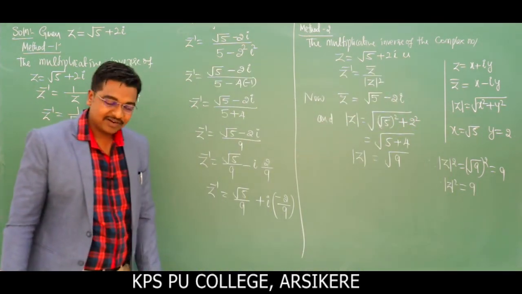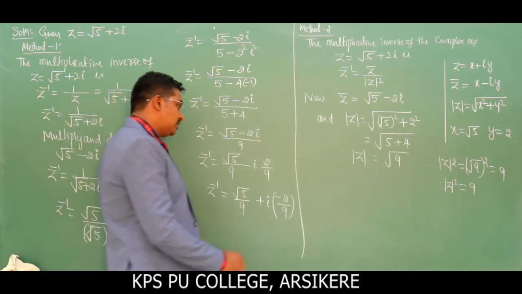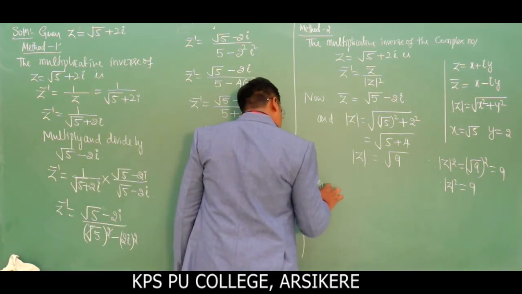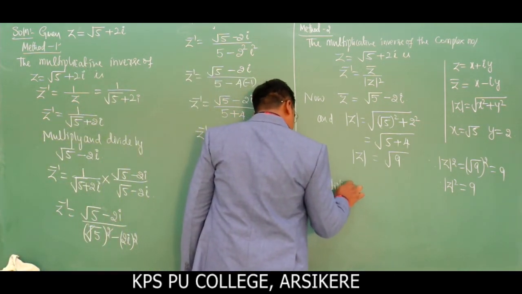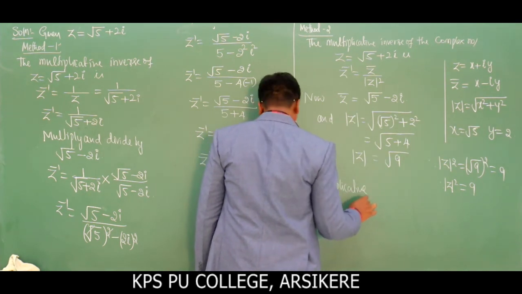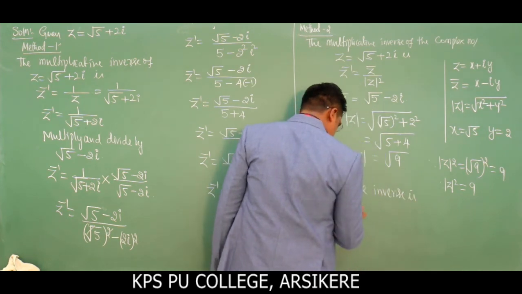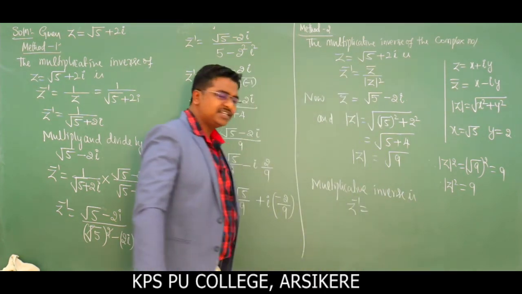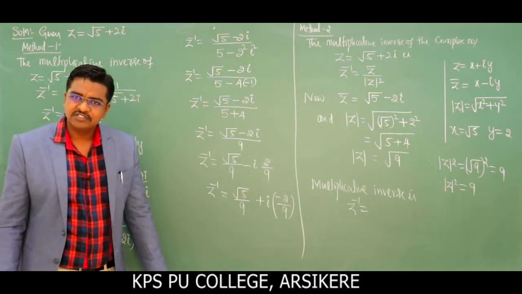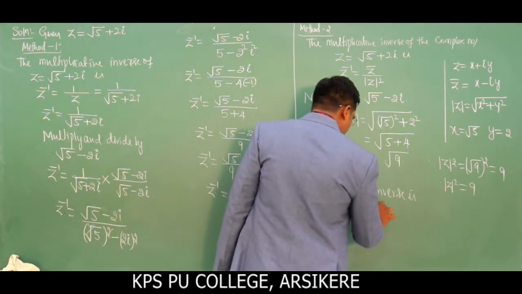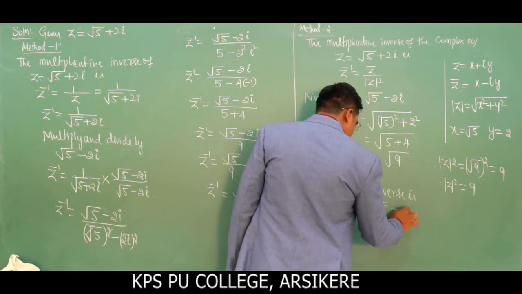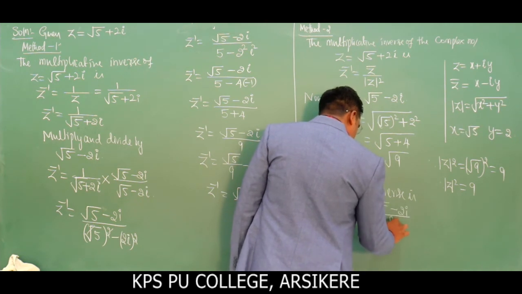This is the method. Therefore the multiplicative inverse z inverse is equal to, just substitute z bar and mod of z whole square. Z bar here is root 5 minus 2i, whole divided by 9.